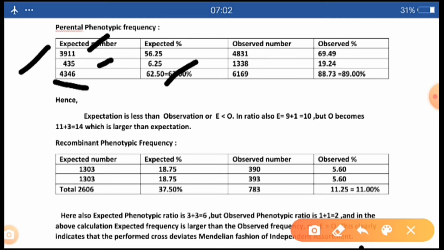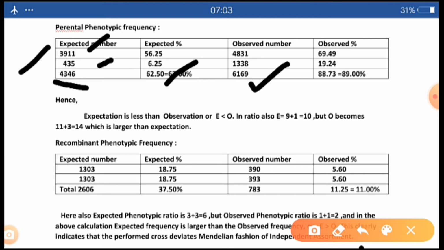Total number of observed plants which have the parental phenotypic frequency was 6169. That is a difference of 1823 plants. The observed parental frequency numbers were 4831 and 1338 respectively. That is, the observed numbers are greater than the expected numbers.